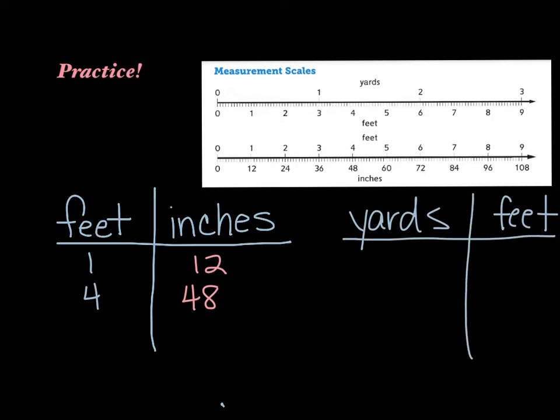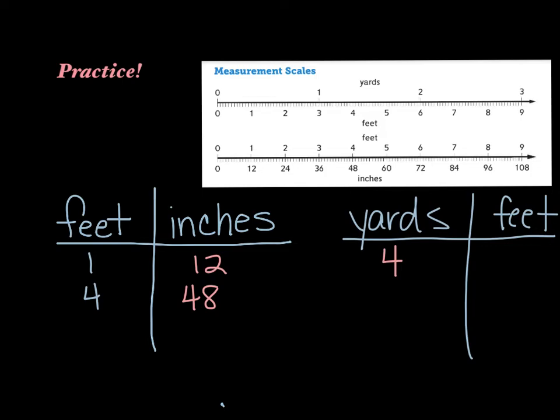You tell me, if I have 4 yards, how many feet is that going to be? Ooh, that one's not on our chart, is it? So how would we solve that particular problem? 4 yards.